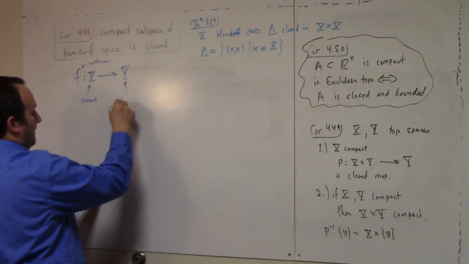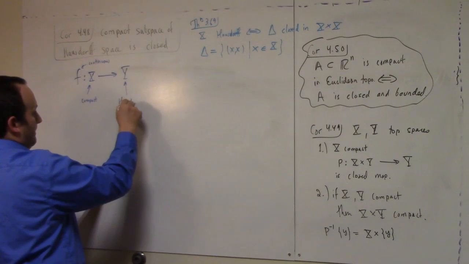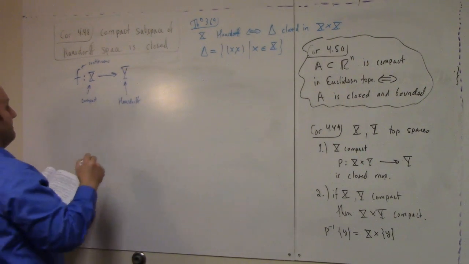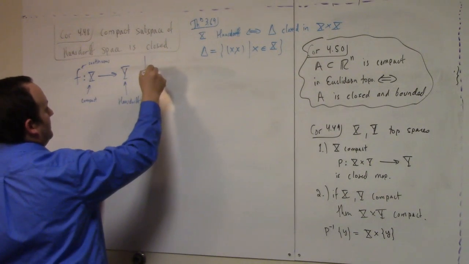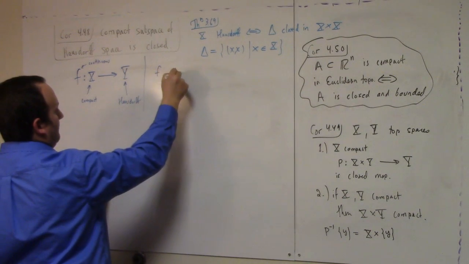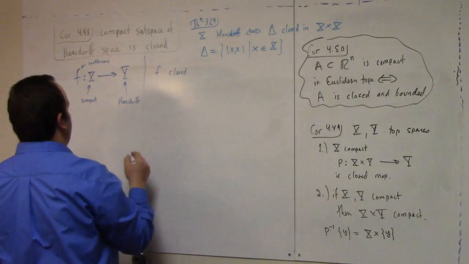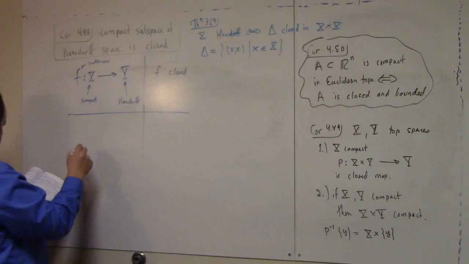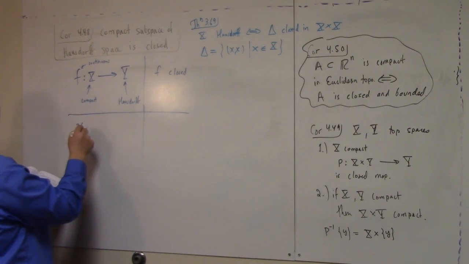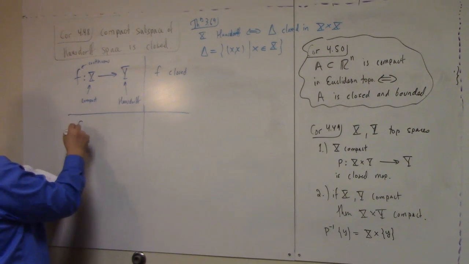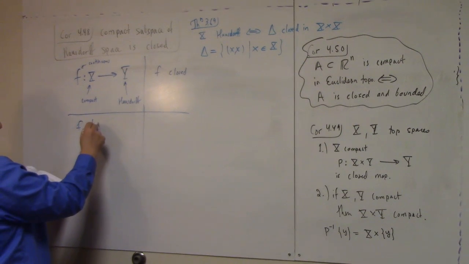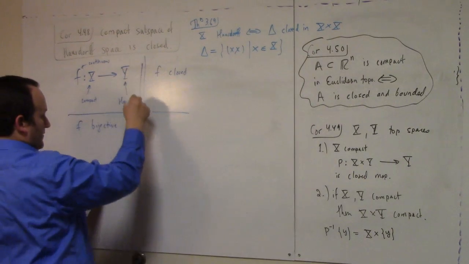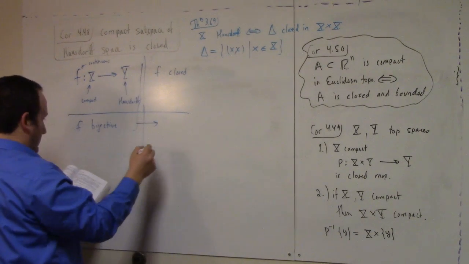Hausdorff. What's the punchline? f closed. Right, and then in addition, if f is bijective, add that on, then you also get f is a homeomorphism.